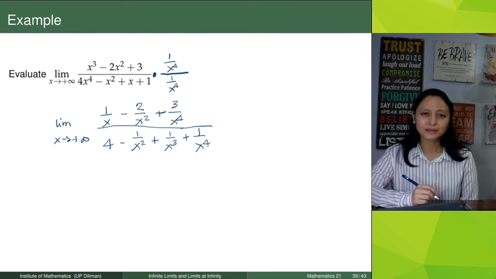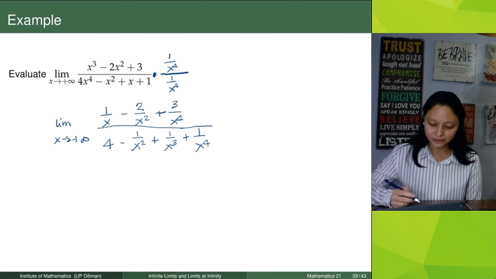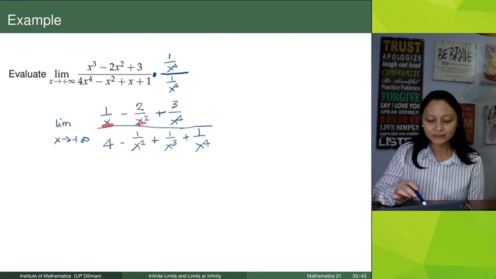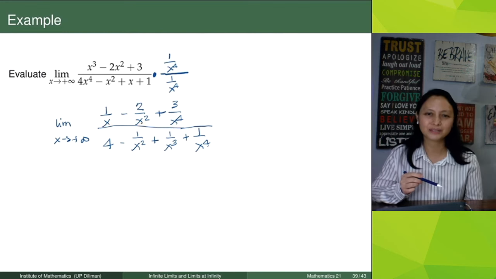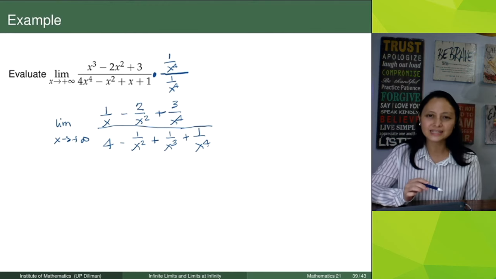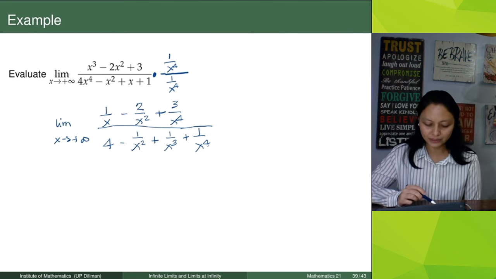Okay? So, bakit natin kinailangan gawin yon? Notice na nung minultiply natin by 1 over x to the fourth yung numerator and denominator, nagkaroon tayo ng mga terms na may x sa denominator. And kung kinukuha natin yung limit as x approaches infinity, tapos may x pa kayo sa denominator, ano yung nakita natin kanina?